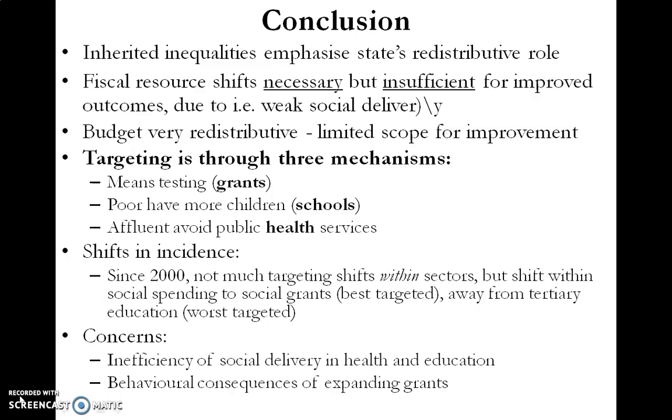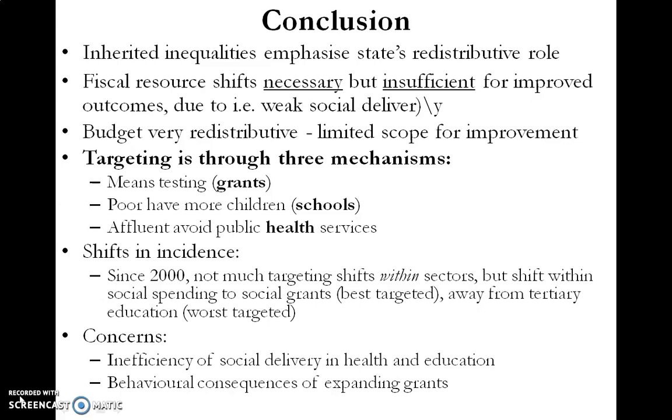The budget as it stands is very redistributive, so there is rather limited scope for improving it. Targeting is done mainly through 3 mechanisms: means testing for grants. The poor have more children, so they benefit more from basic education subsidies, and the affluent avoid public health services, so they do not benefit from those healthcare subsidies.